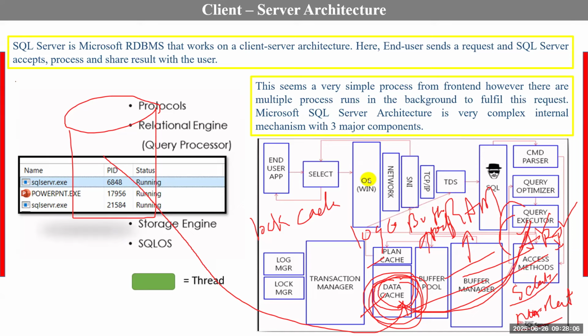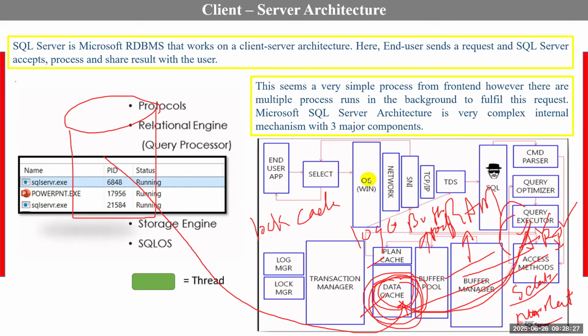You need not go into blocks and all that stuff. The command parser checks the syntax and semantics, binds the request, prepares the query tree, and goes to the optimizer. The command parser checks whether there is a plan in the plan cache; if so, it gets that plan, otherwise it goes to the optimizer.